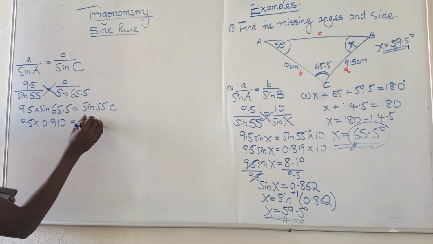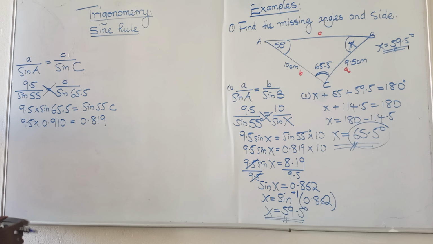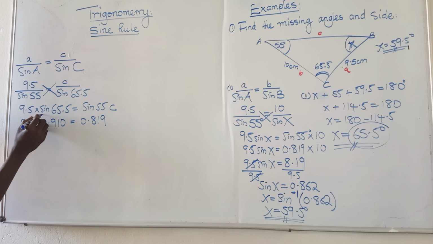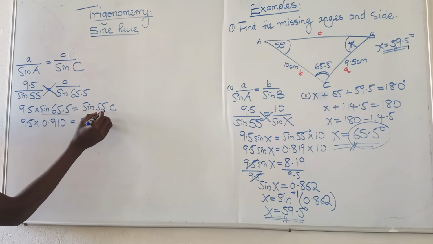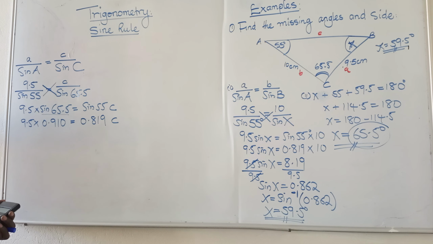So here we have punched sine 65.5, which is 0.910, and this is sine 55, it is this. We say C, because that's what we are finding.